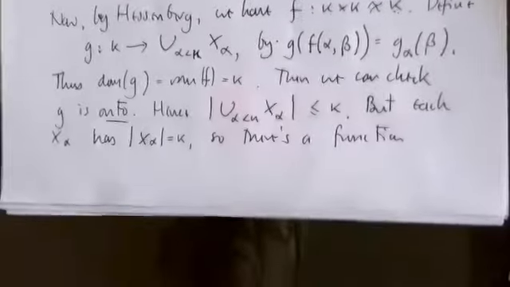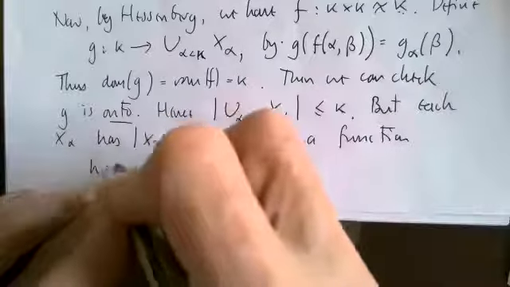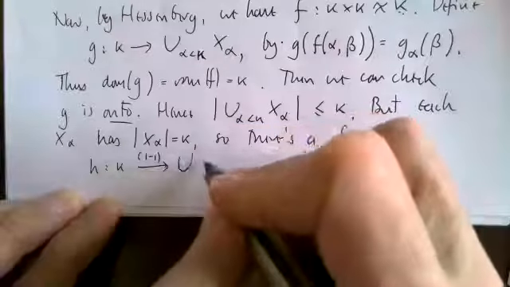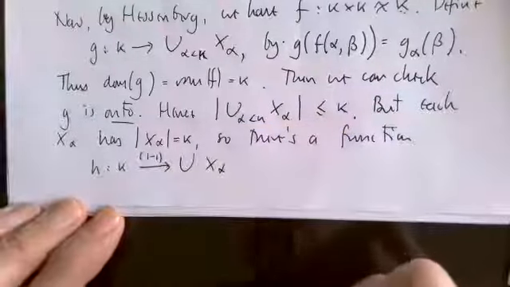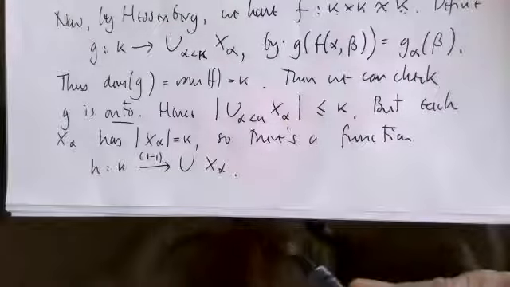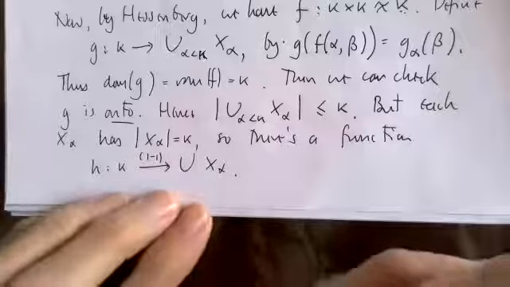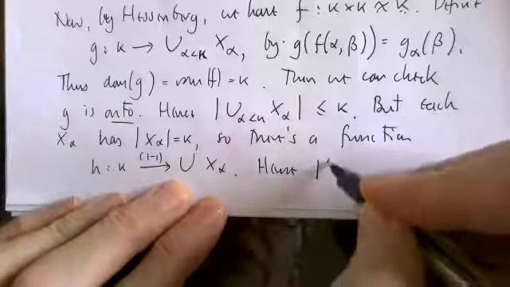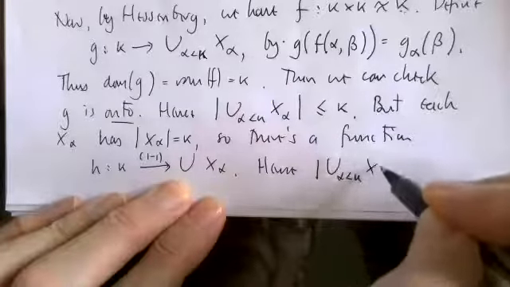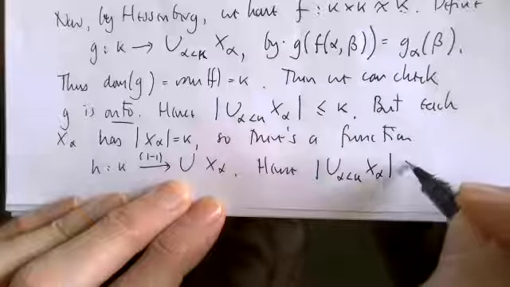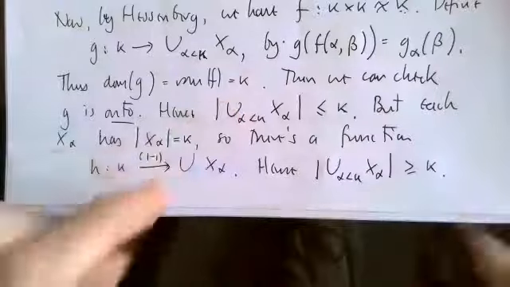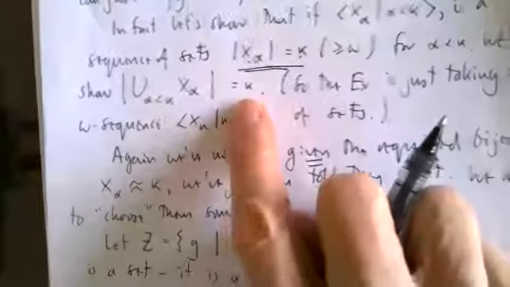So there's a function h, say, from kappa one-to-one into the union. Hence, the cardinality of the union is also greater than or equal to kappa. So it's equal. And that's what we were trying to show up here.